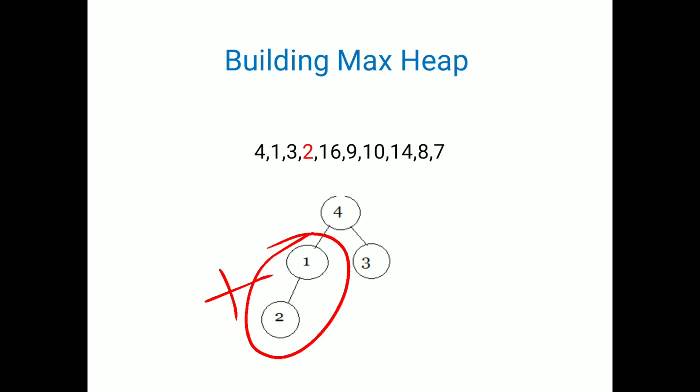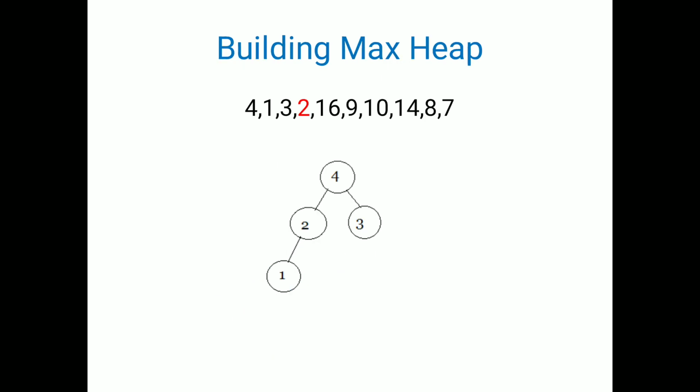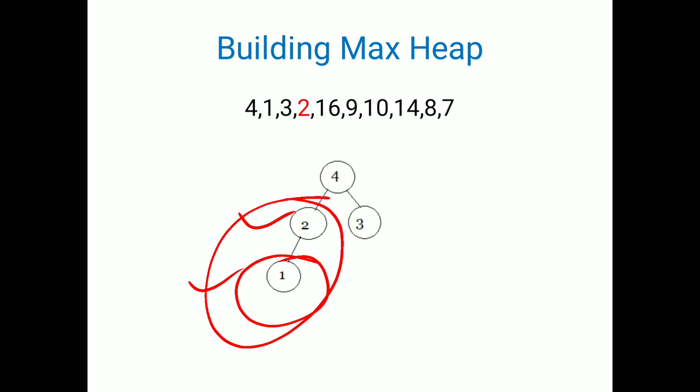After interchanging 2 with 1, the parent value is 2 and the child is 1. Here it follows the max heap property. Now we check the subtree above: 4 is greater than 2 and 3, so it again follows the max heap property.